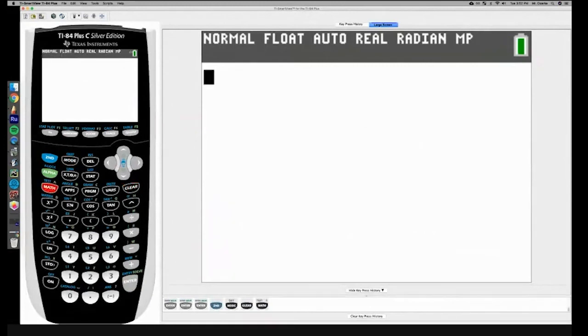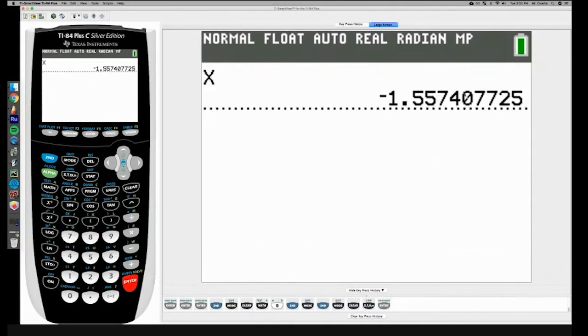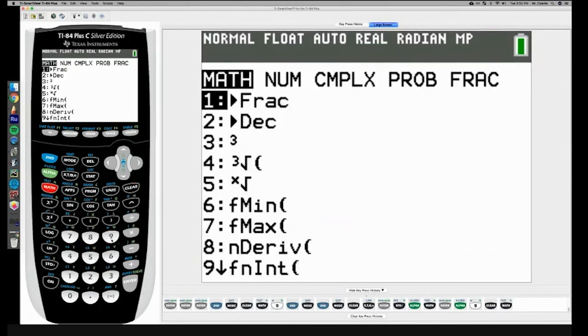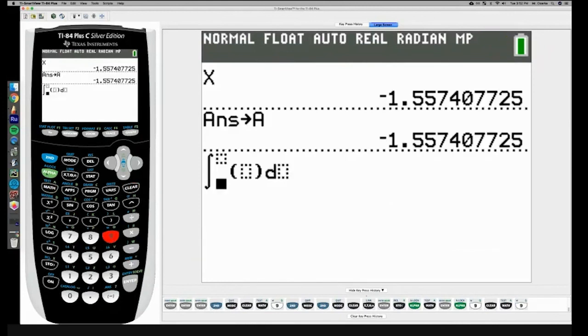Okay, here we go. Math 9. Now one thing is we found that intersection point. So if I hit X, it's already stored in for A. Well, it's already stored in for X, but I'm going to store it in for A here. So that way I can do math 9, math 9, and I'm just going to put A here.